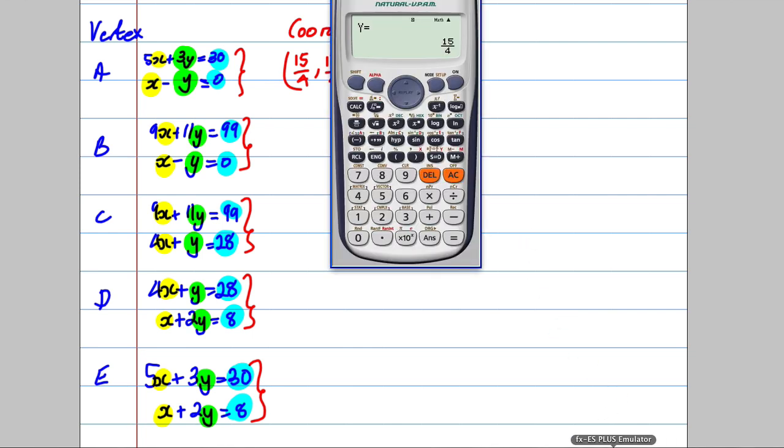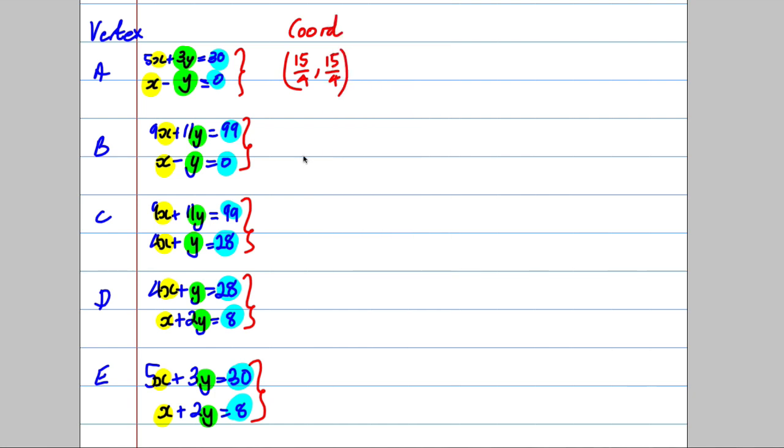Okay, for B, what's it going to be? Well, we want 9, 11, 99, and 1, negative 1, 0. So keep the 1, negative 1, 0, and change that to 9, 11, 99. Press equals: 99 over 20 and 99 over 20.